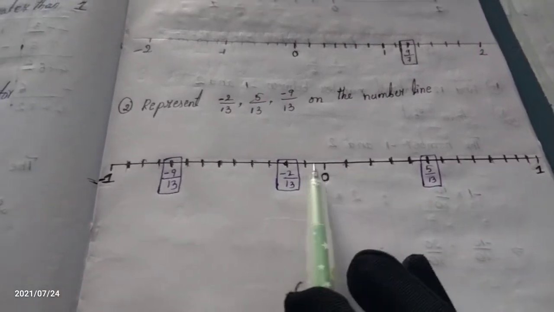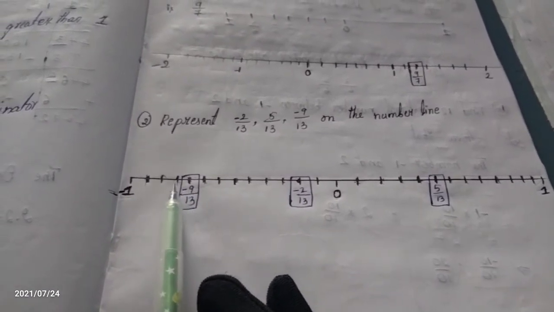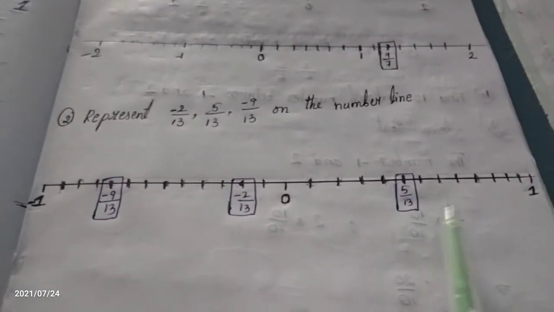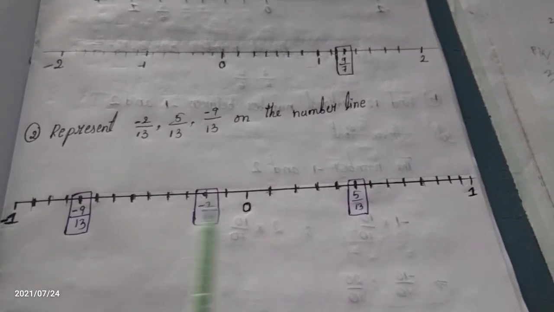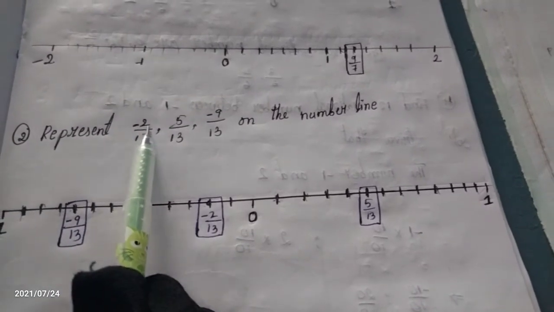Here also 1, 2, 3, 4, 5, 6, 7, 8, 9, 10, 11, 12. We are dividing the fixed distance into equal parts. First we have to represent minus 2 by 13.